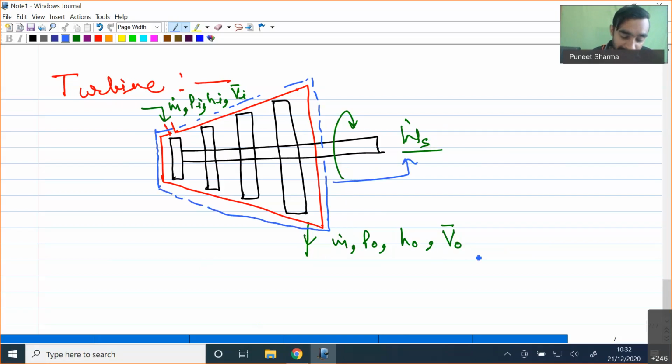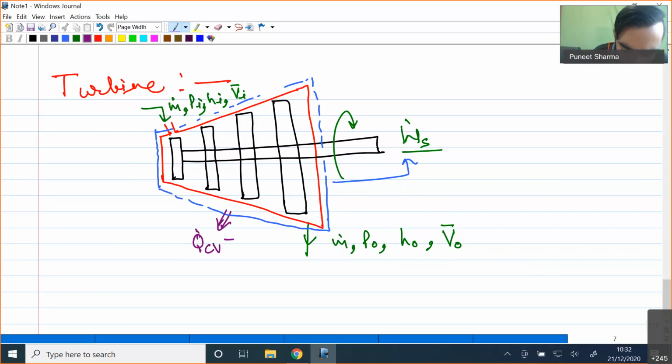The same amount of mass goes out of the turbine. Apart from that, the flow of medium inside the turbine is so fast that the fluid traveling from inlet to outlet does not get sufficient time for heat transfer to take place. Because of the fast process inside the turbine, we consider that there is no heat interaction with the surrounding.